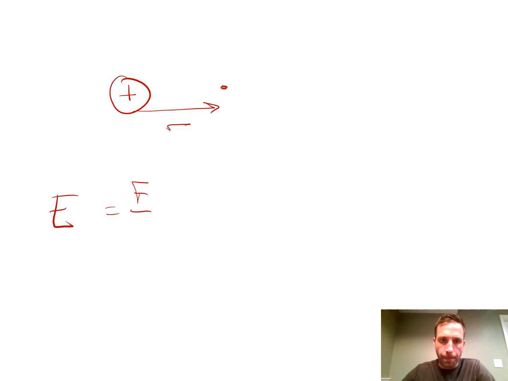To tell the strength of the electric field created by a point charge like this positive charge at any distance away, we could use that formula E equals F over Q. The force could be found using Coulomb's law. Let me call the charge that's creating the electric field capital Q and the test charge lowercase q.